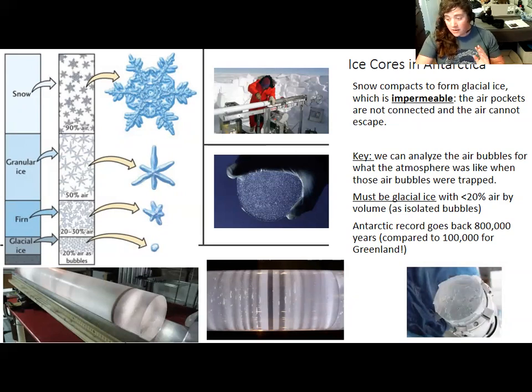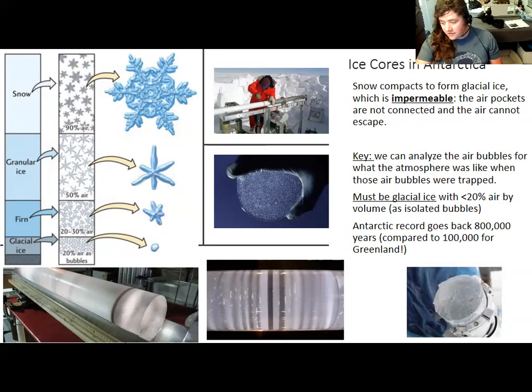And importantly, when there are those few air bubbles, the air bubbles become impermeable. They're no longer connected, and air can't really travel between bubbles or between the bubbles and outside of the ice. The air cannot escape and the air gets trapped, and that actually allows us to sample ancient air in glacial ice.